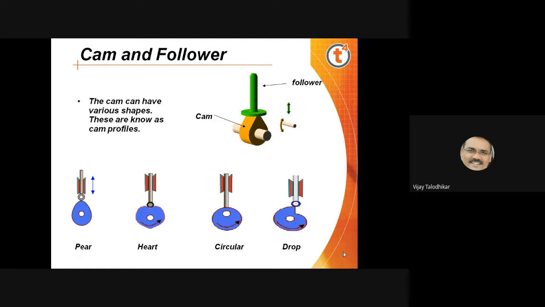In the same way, it can be used in the printing press, in the sewing machine, and in the automobile also. Depending upon the application, it can be used in various shapes and sizes provided by the cam as well as by the follower. Not only the shape of the cam, but the shape and size of the follower also play an important role.